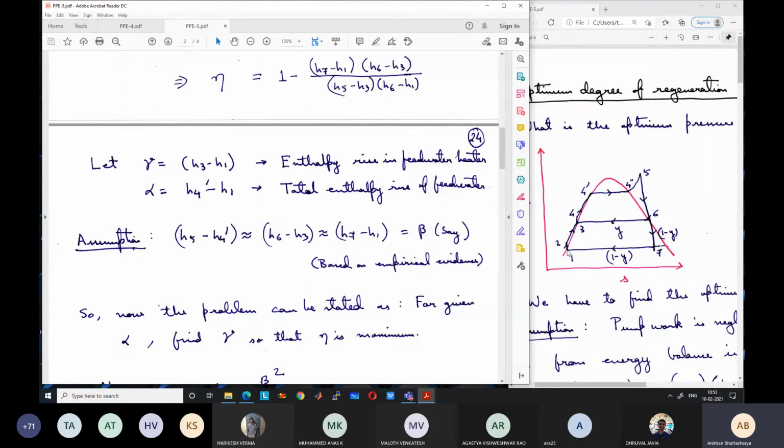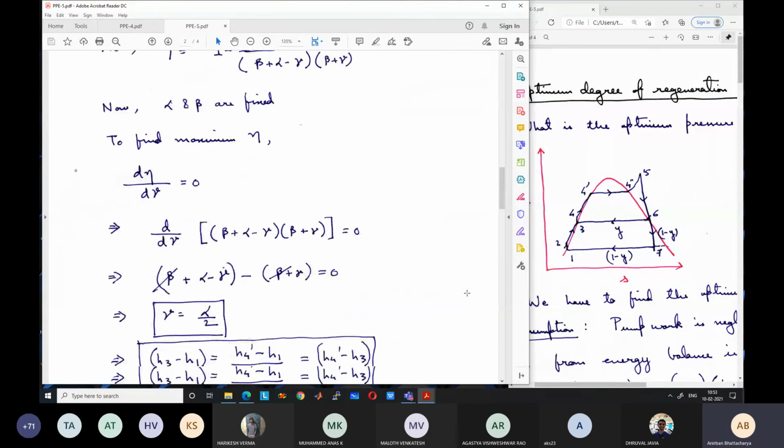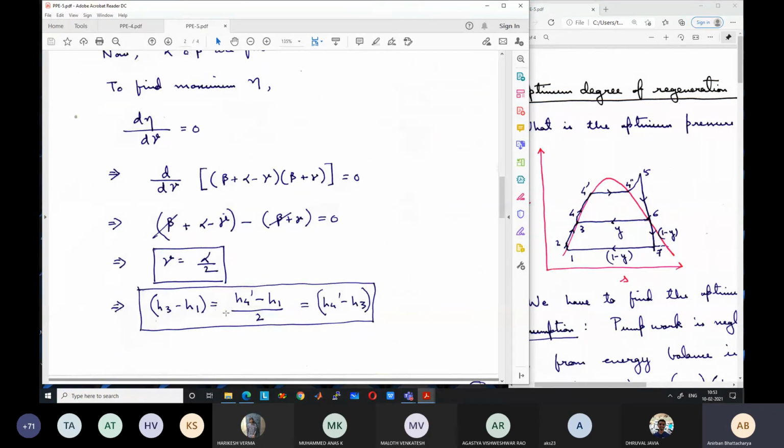So H3 minus H1 is equal to H4 dash minus H3. So half of the energy increase of the feed water should occur in the feed water heater, and the rest of the energy increase should occur in the boiler to get the optimum, highest efficiency. This is what we get from our calculation.